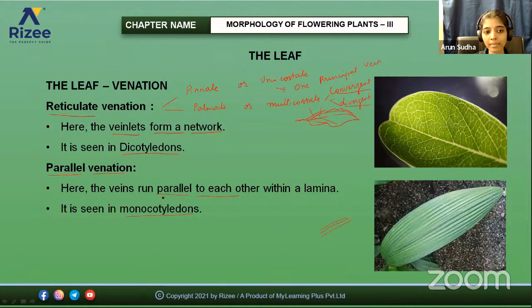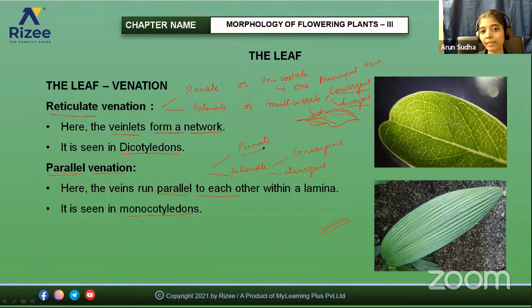If you take this parallel venation also, there are two types, like pinnate and palmate. And here also we can see the convergent and divergent. So it is also the same.